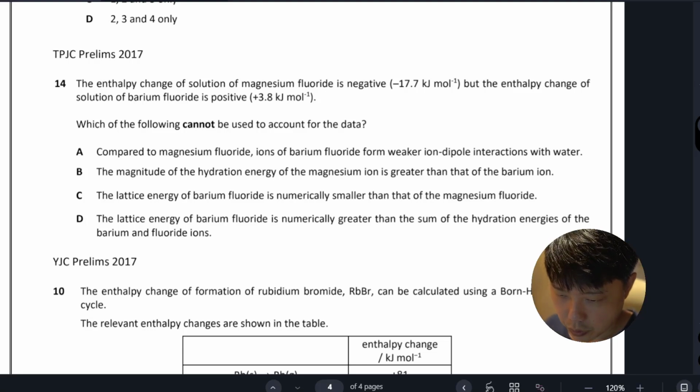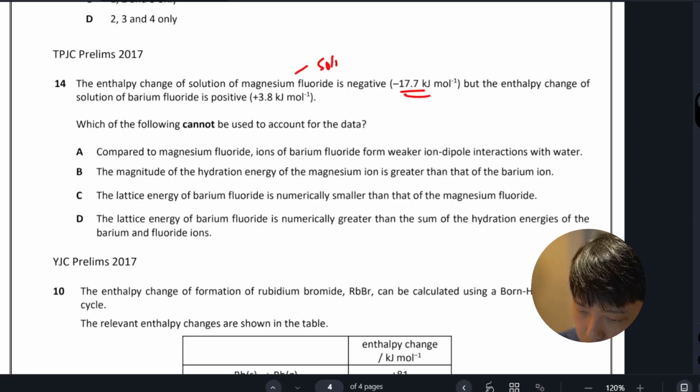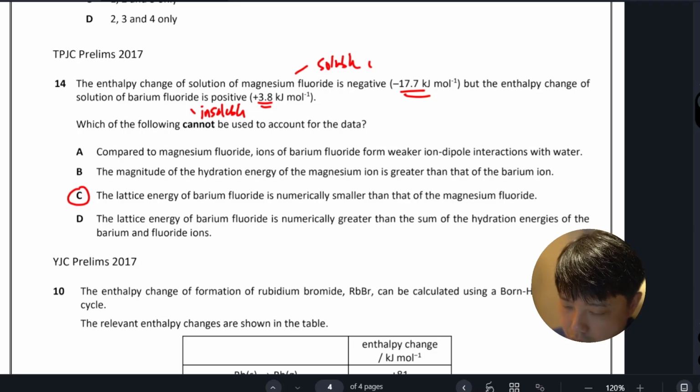Okay, question 14, they want you to find out which statement out of the 4 doesn't make sense. If you look at the enthalpy change of solution for magnesium fluoride, it is negative, so it is soluble. But barium fluoride is positive, so it's insoluble. Looking through the options, option C is the one that doesn't make sense, because if lattice energy is smaller than magnesium bromide, it should be easier to dissolve, but it is insoluble.